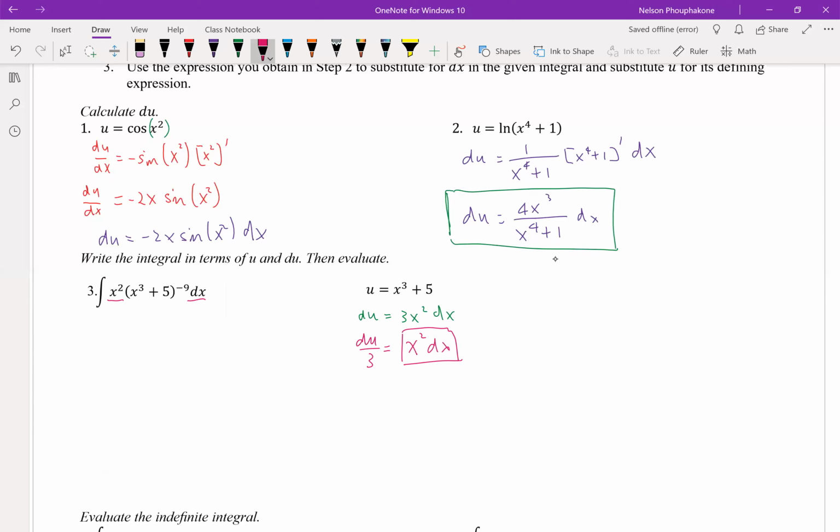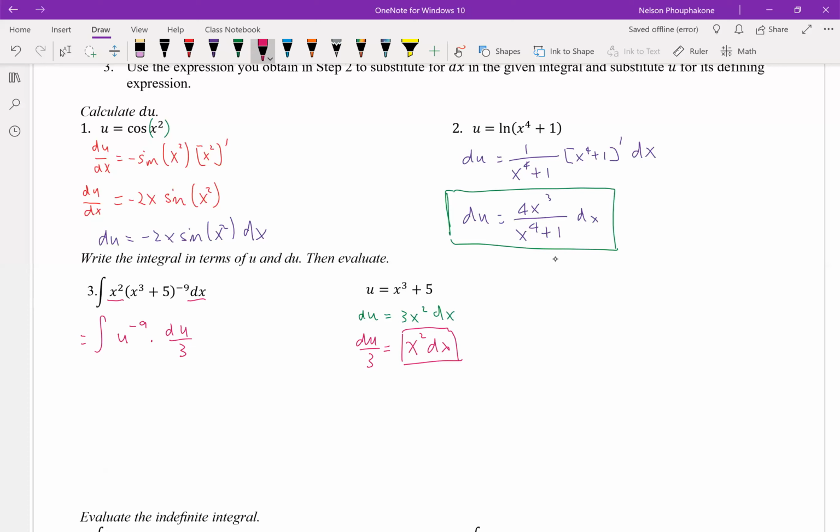So then I will have u to the negative 9 power, and then du over 3. Yeah, so this is exactly what I would like to do.